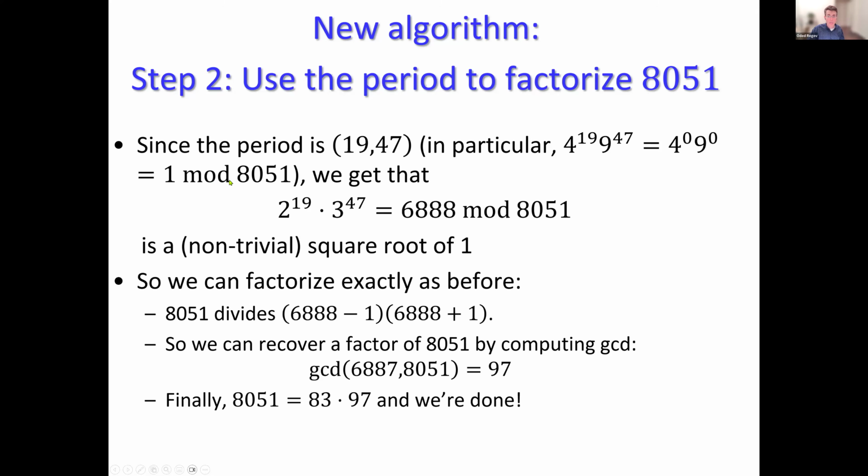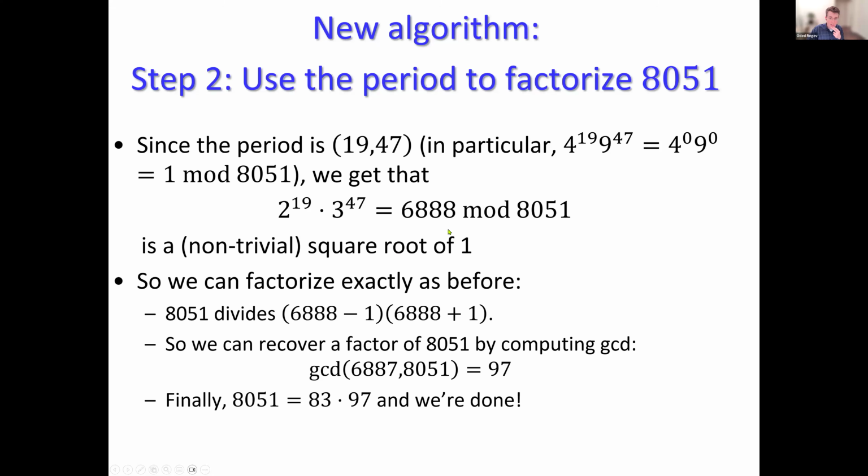Okay. So what do I know? Just like last time, I immediately get a square root of identity. In this case, again, I chose 4 and 9 to be squares of a known number. So I chose 4 to be the square of 2, 9 to be the square of 3. So I immediately know that 2 to the power 19 times 3 to the power 47, this number, whatever it is, 6888, is a non-trivial square root of 1.